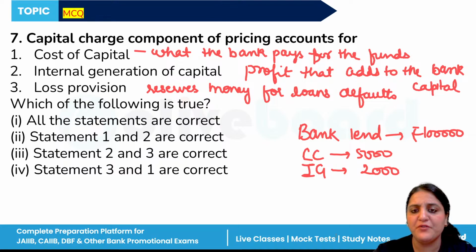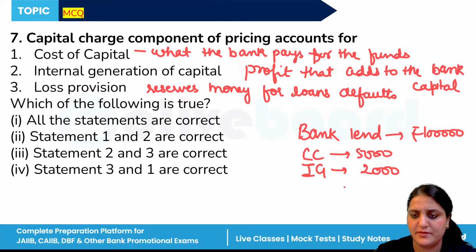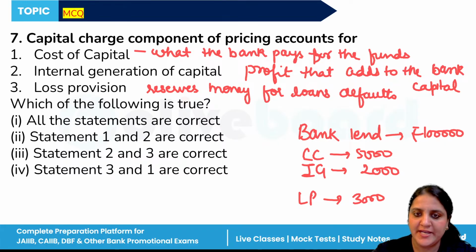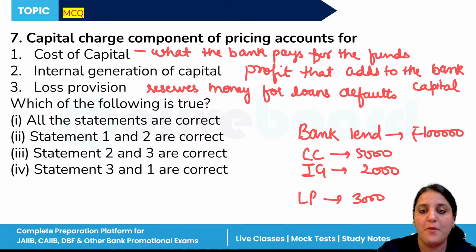And loss provisions are 3000. So then the interest rate charged would cover all these components. So the correct answer of this, all the statements are correct. Option A is correct, right?